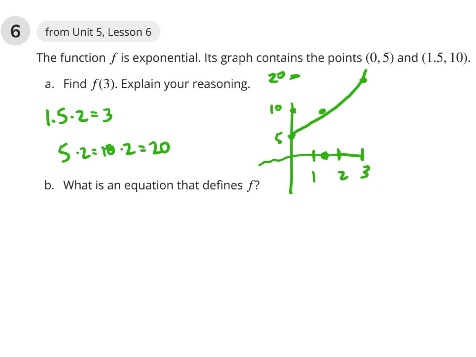So what is an equation that defines F? F equals, what's our start? What's our rate? 2. No, we started at 5. I'm sorry, we started at 5. We're doubling every 1.5.